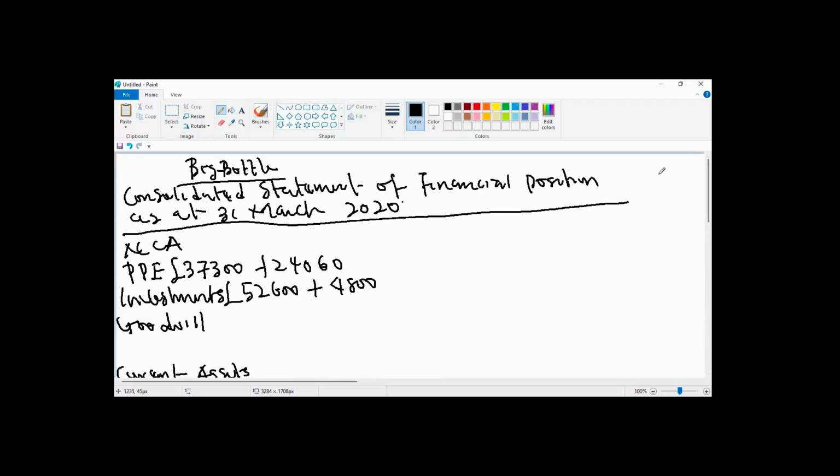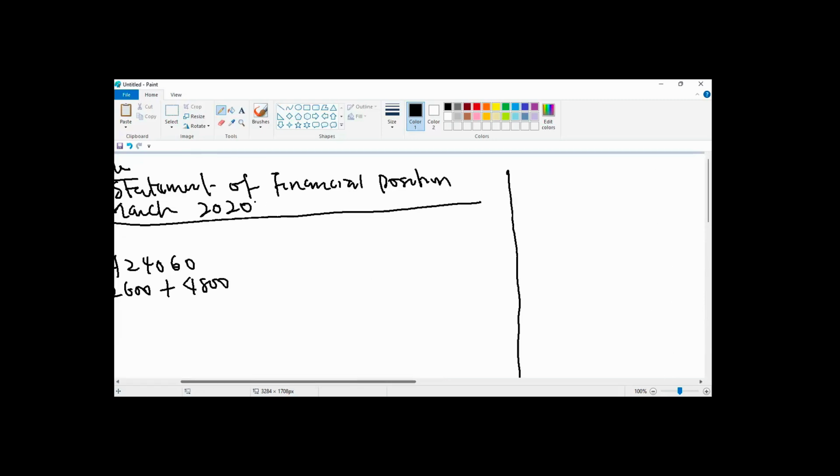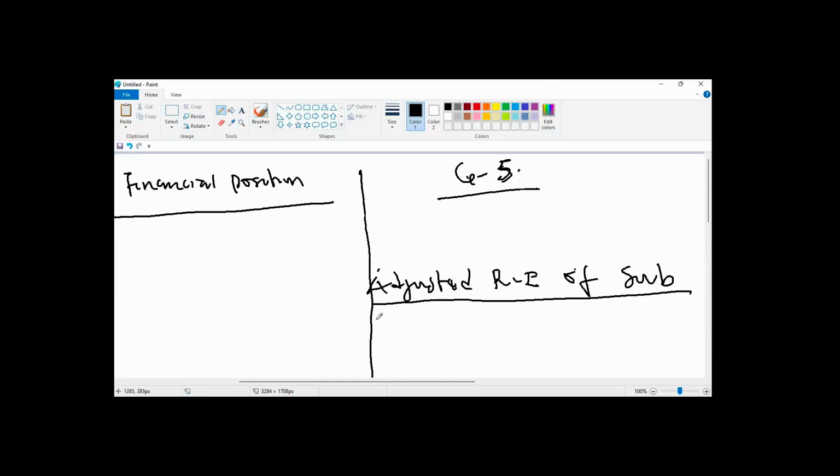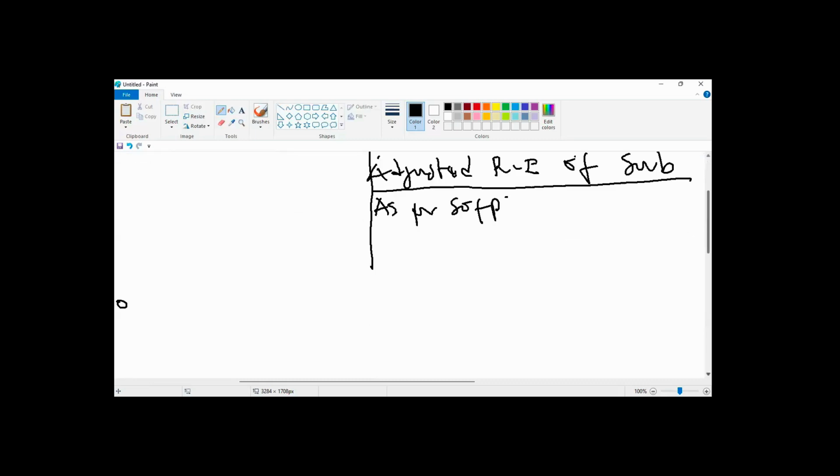For me to balance it in exam, I need the group structure, GS. Adjusted reserves of subsidiary as per SOFP. I need to determine the net assets.